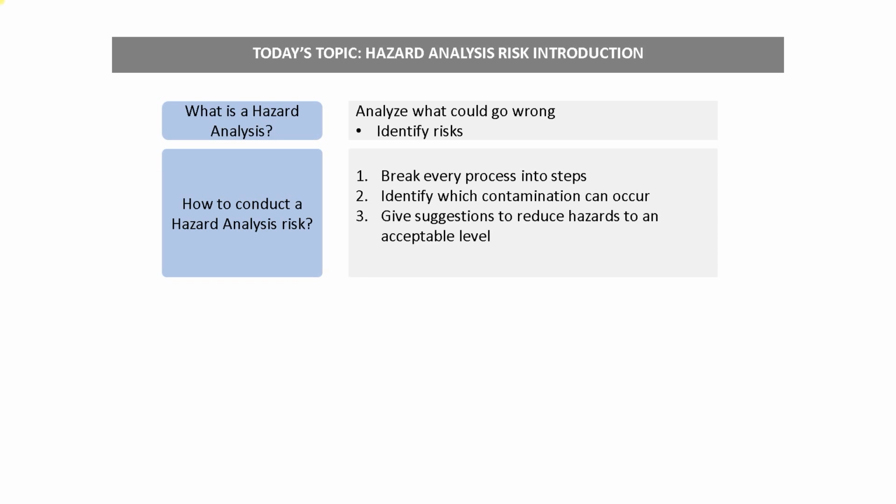So when you are conducting a hazard analysis of risk, it is important that you decide a standard that allows you to reduce the risk of occurring. In that example, cooking was the possible risk.